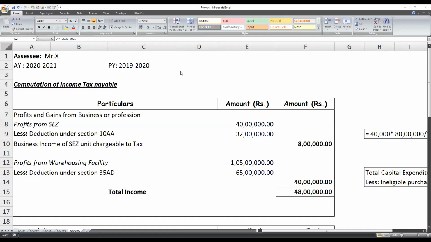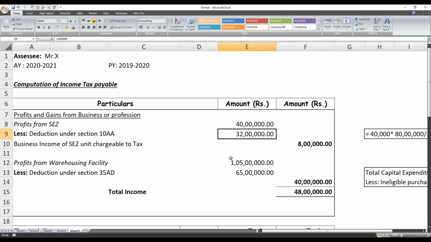On checking how to answer the question, we'll now see the format we generally follow. We'll have to mention the assessee name, assessment year, previous year. Here the question deals with computation of income tax payable. After mentioning all these basic details, we'll first compute income tax payable as per the general provisions. First, the provisions are like profit from SEZ unit and deductions available under 10AA.